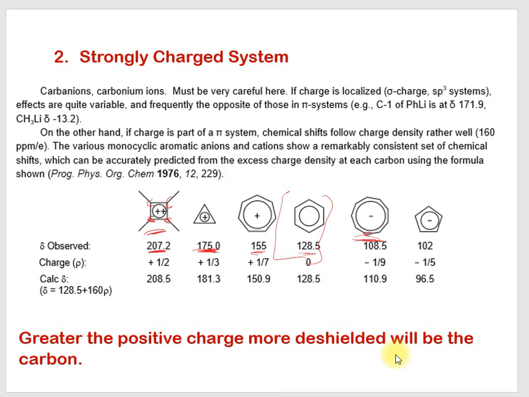Depending upon the charge of the species, it can be more or less, depending upon the electron density. So the generalization is, the more the positive charge, the more will be the deshielding effect.